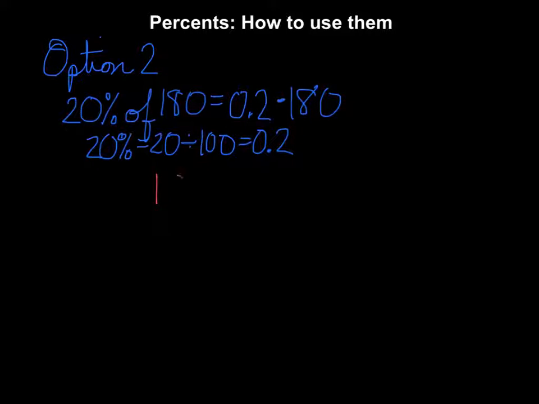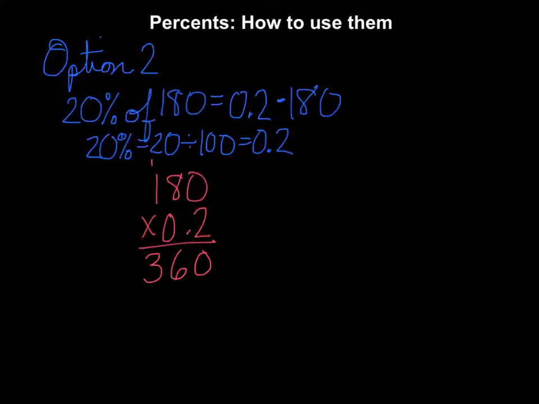So this is 180 times 0.2. So 2 times 0 is 0. 2 times 8 is 16. Carry the 1. And then finally, 2 times 1 is 2, plus 1 is 3.